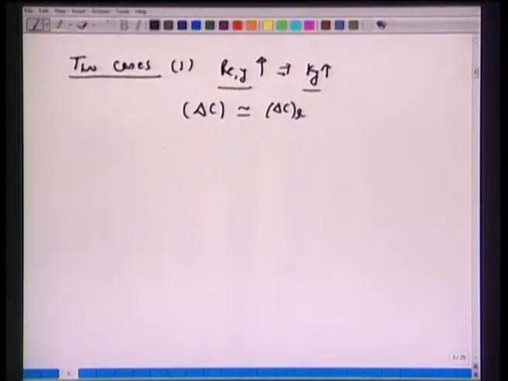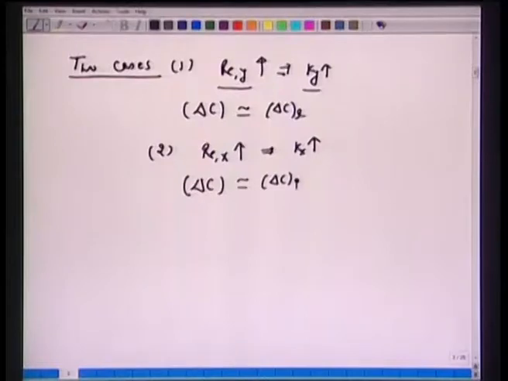We can also have the second case when Reynolds number in the liquid phase is very high. If that happens, then individual film mass transfer coefficient in the liquid phase will be large, and we can assume that the entire concentration drop is distributed in the gas phase. Okay, so here Kx is large, Ky is smaller, so we have the entire resistance across the gas phase. Unlike here, if we have the gas phase mass transfer coefficient very large, that means the entire diffusion resistance is distributed over this liquid phase.